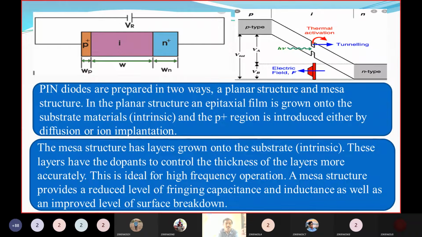For detecting that current, we have to use another amplifier in the circuit. For very small currents, if you want to measure them, we have to use an amplifier.